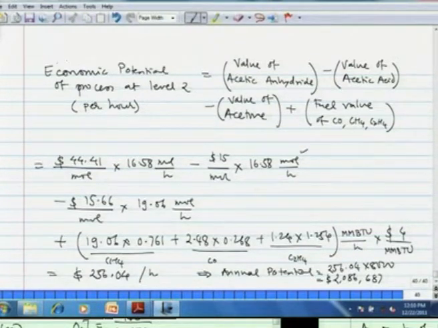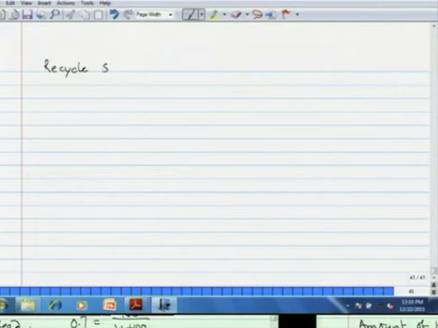So, the economic potential is positive, which means the process is profitable. So, we go to the next level, that is the determination of the recycle structure of the flow sheet. This is the level 3 of design.